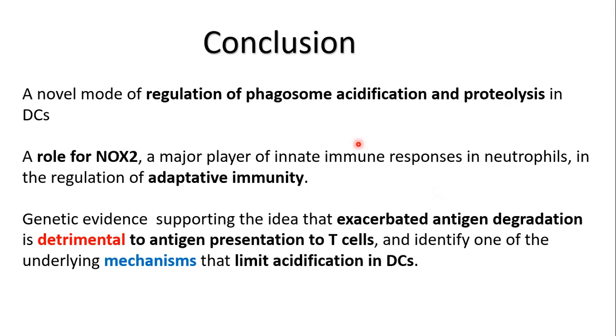So as a conclusion, this article shows a novel mode of regulation of phagosome acidification and proteolysis in DCs, a role for NOX2, a major player of innate immune response in neutrophils, in the regulation of adaptive immunity, genetic evidence supporting the idea that exacerbated antigen degradation is detrimental to antigen presentation to T cells, and identifies one of the underlying mechanisms that limits acidification in DCs.